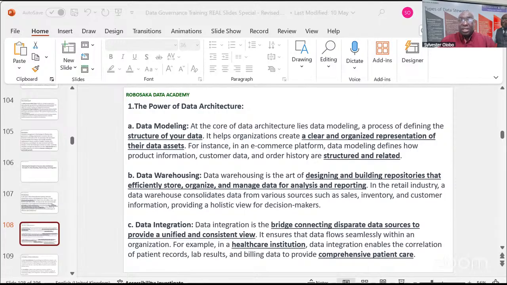But I want you to understand that warehousing is the art of designing. You design, and you also build repositories. A repository is where data is put in order, well organized, so that it can be well stored in a place.